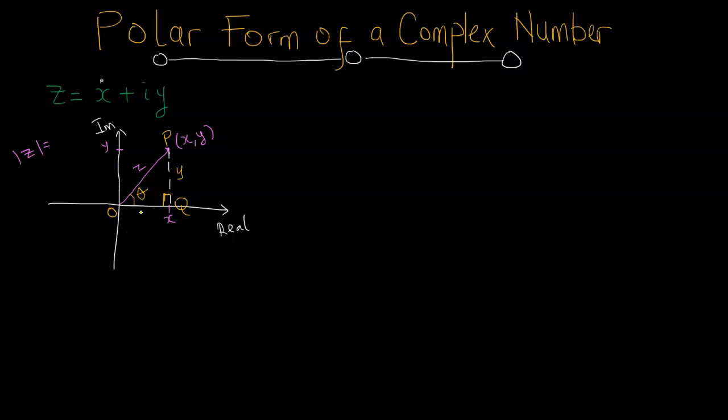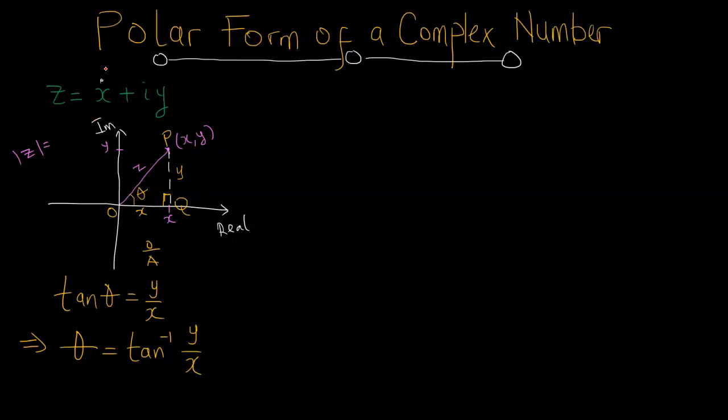And I also know the length of OQ. That's the real part. That's x. Thus, if I apply one of the trigonometrical ratios, tan, because what I need is the y and the x, which is the opposite and the adjacent, we would see that tan theta, which of course is the ratio of the opposite to the adjacent, is y over x, which implies that theta is going to be equal to the inverse tan of y over x.